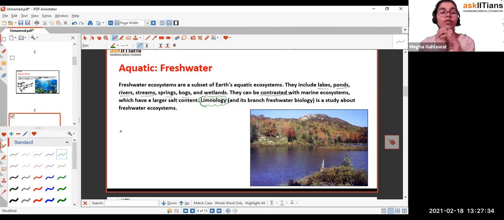Now see, the type of animals which are found in these aquatic freshwater habitats are the ones which have less tolerance towards salt.